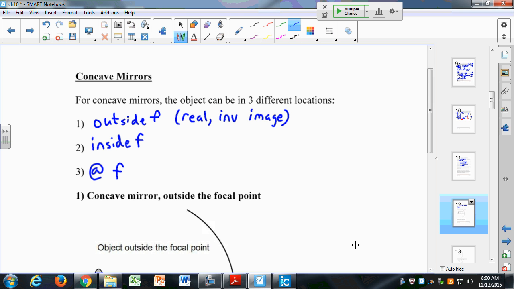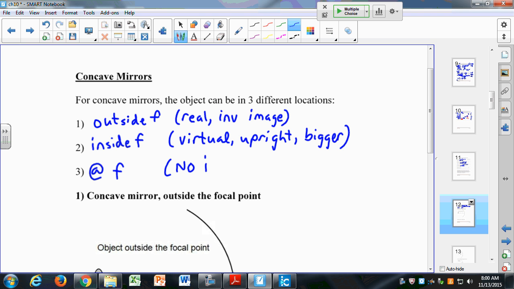I'll show you that. If it's inside the focal point, you get a virtual upright bigger image, and if it's at the focal point, you get no image at all. This is for a concave mirror.